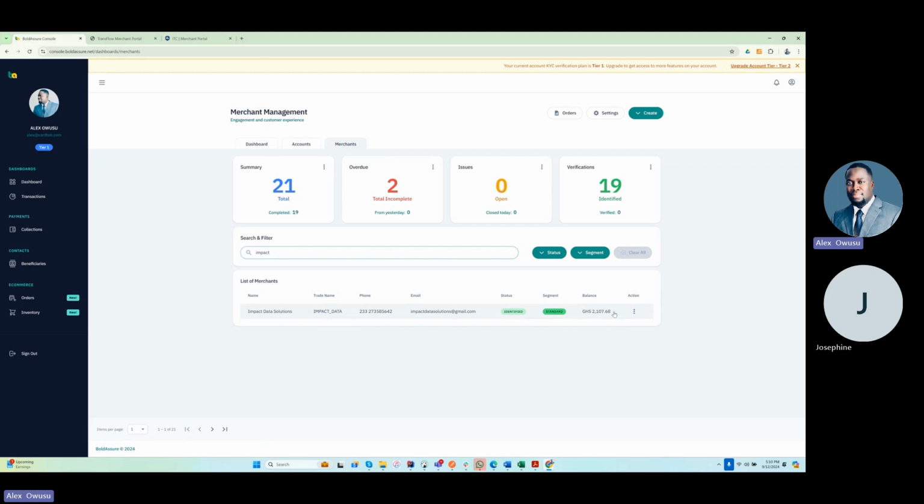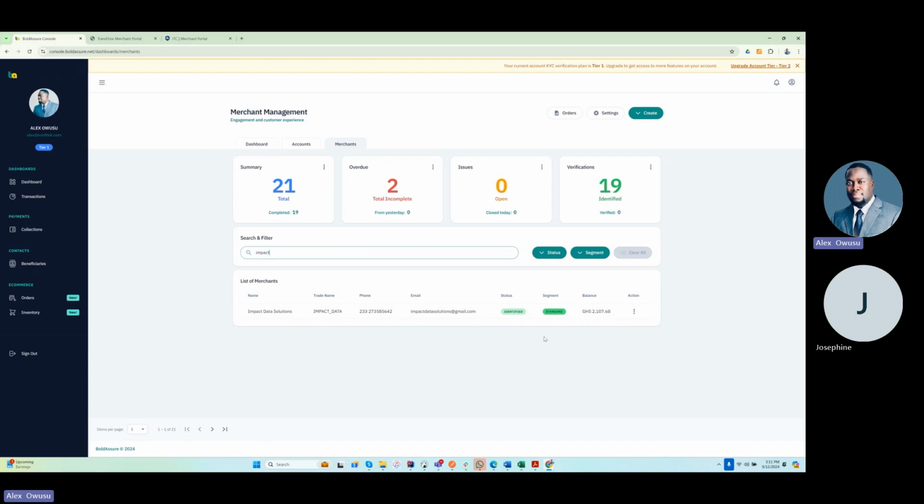But I don't think they will be happy if by end of next week they haven't been settled, because this is how they operate their capital. It has to go back to them so they can replenish their stock. So basically, it has to be T+1, which is what we have agreed with them and they are comfortable with. Their transactions today, we have to pay them out the following day.